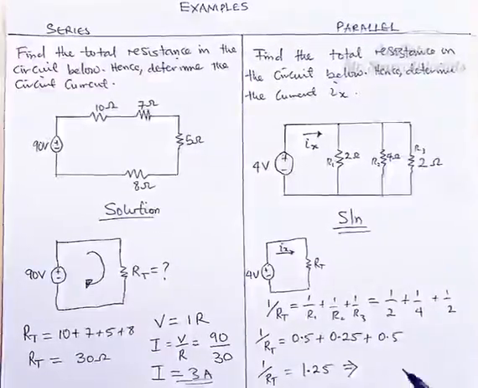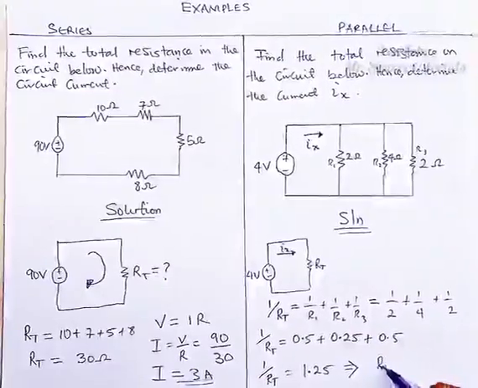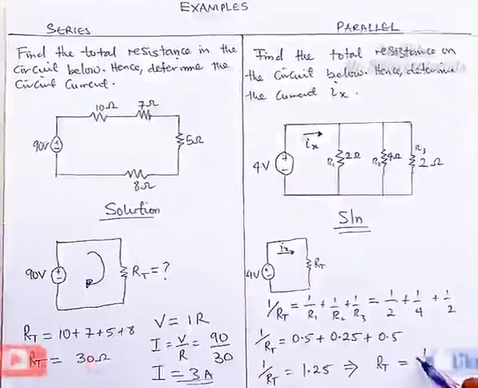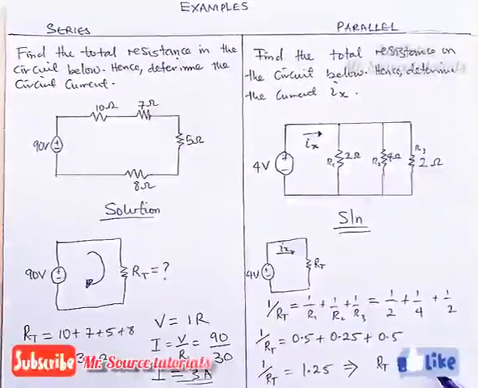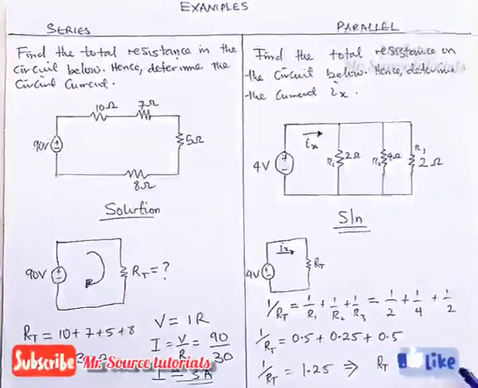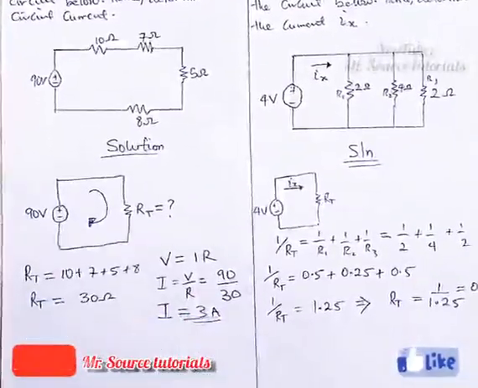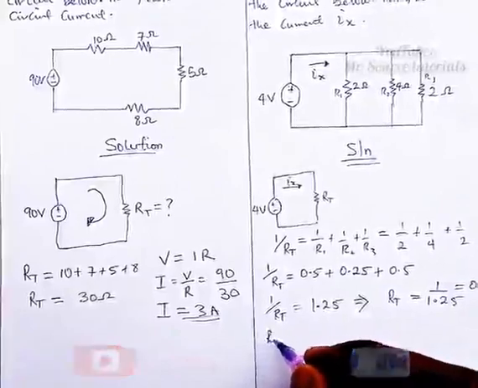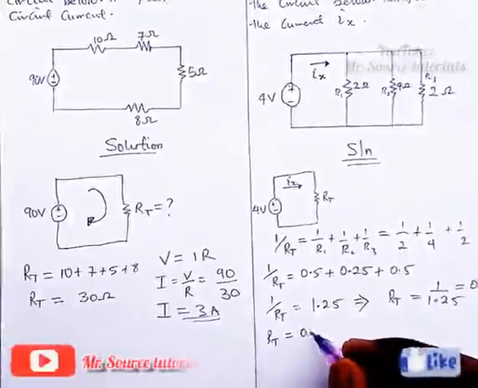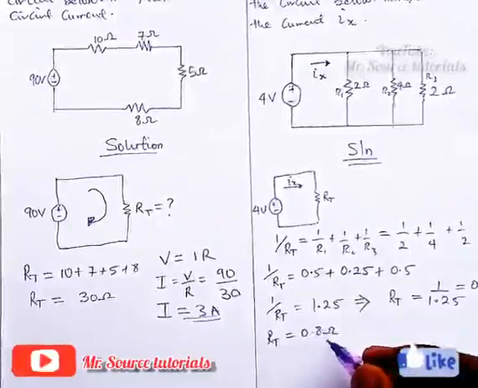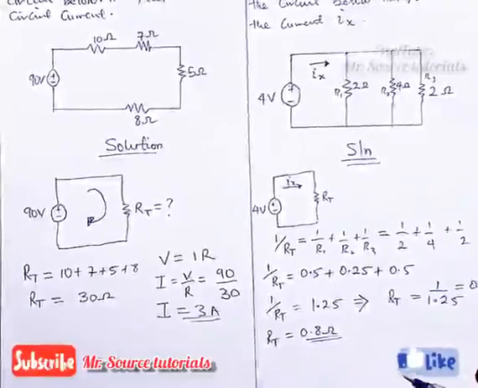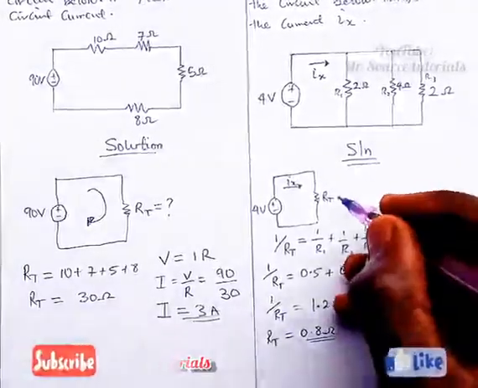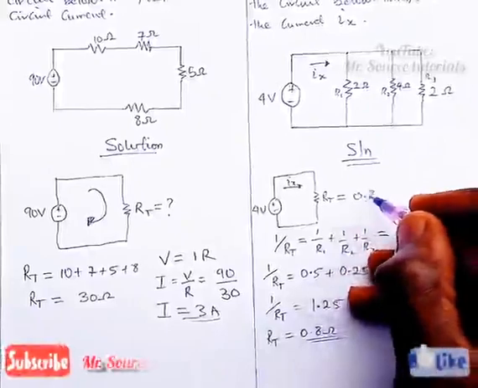So our R total will equal 1 over 1.25. It therefore implies that our R total is equal to 0.8 ohm.